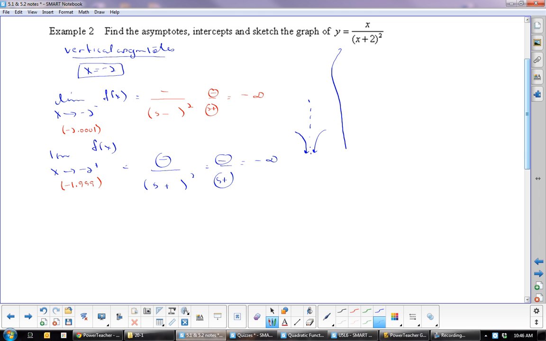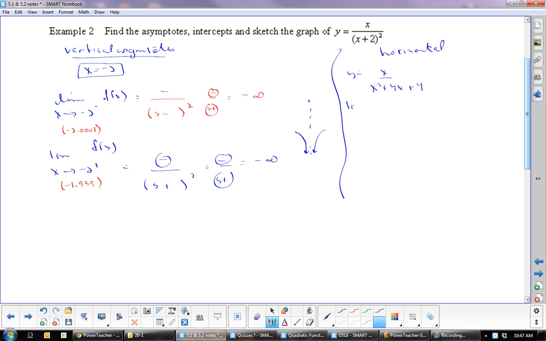Okay, let's do horizontal. Now for this one, I would try and actually write x squared plus 4x plus 4. The reason I'm doing that is because I can use my rules, right?